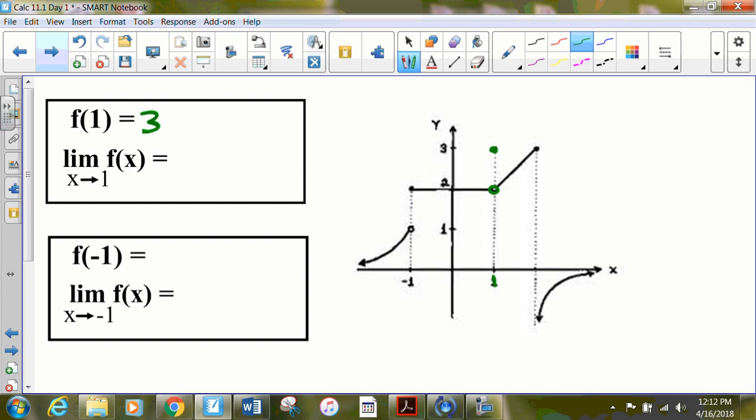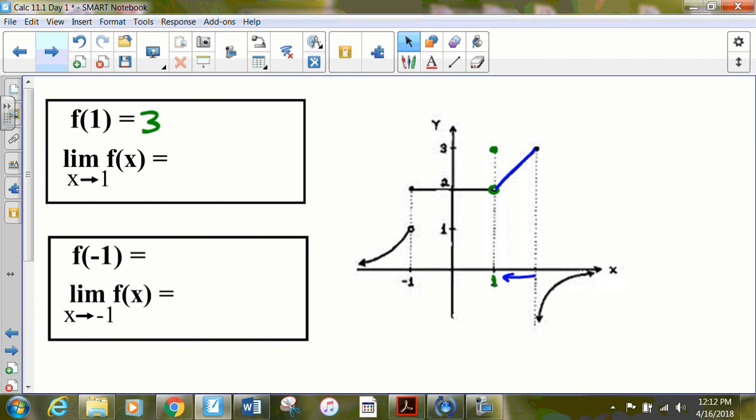All right, now let's talk about the limit, because the limit is not the same thing as the actual y value at that x. We're more concerned with what's happening to y as x is approaching 1. As x is approaching 1 from the right, I see that y is decreasing and approaching 2.